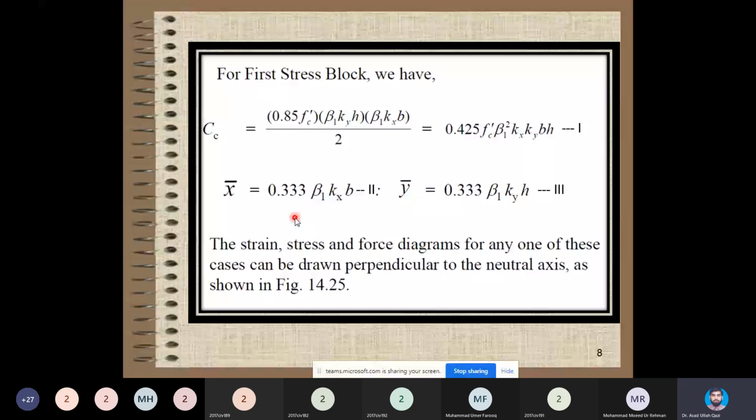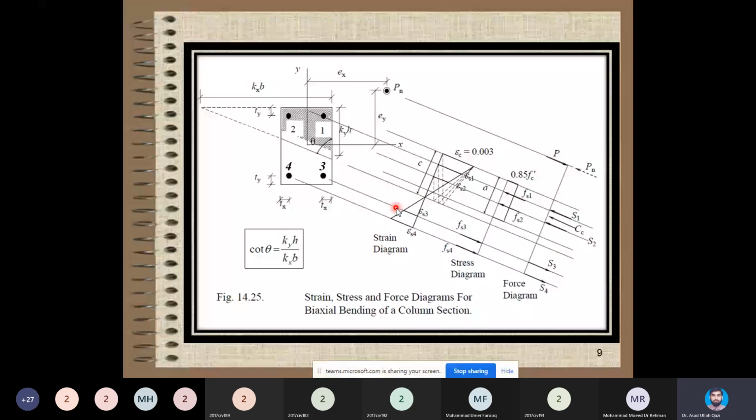Now look at this scenario, where you have a neutral axis intercepting two opposite edges, and you are serious about calculating the strains and then the corresponding stresses. Look at the strain diagram. This corner will be under maximum compressive strain, and normal to this will be the line. Bar 1 will have this strain ordinate, bar 2 will have this strain ordinate, bar 3 will have this one, and bar 4 will get this.